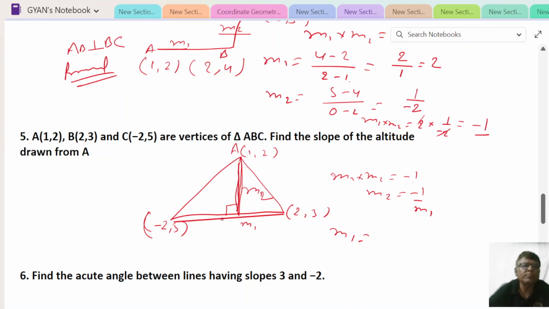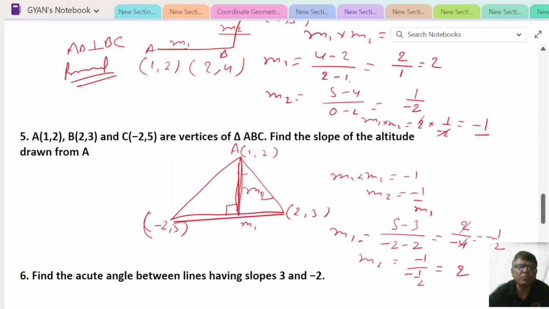M1 is equal to 5 minus 3 divided by minus 2 minus 2, equal to 2 divided by minus 4. So that is equal to minus 1 by 2. So M2 is equal to minus 1 divided by minus 1 by 2, so that is equal to 2. The slope of the altitude from A is 2.